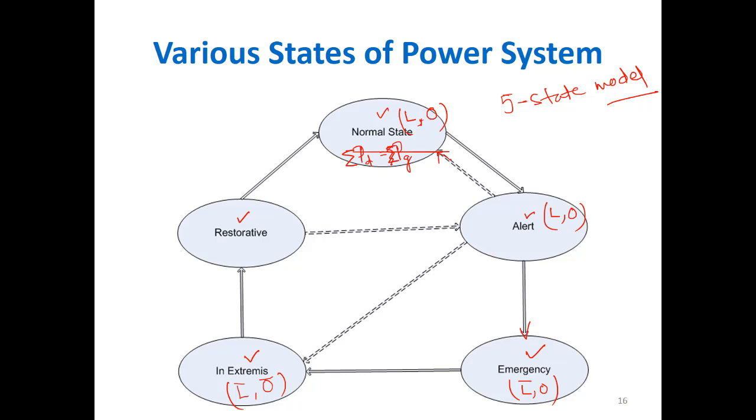What is line constraint? I just forgot to tell you. Line constraint is marked as L, and it is in fact the maximum line flow limit violation, and that includes the thermal limit and other limits.